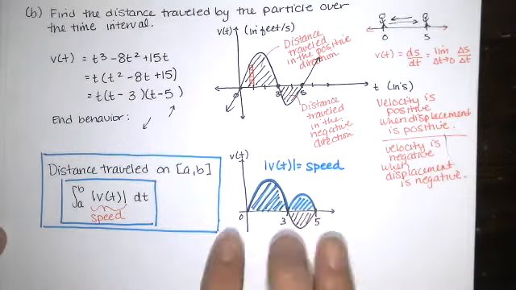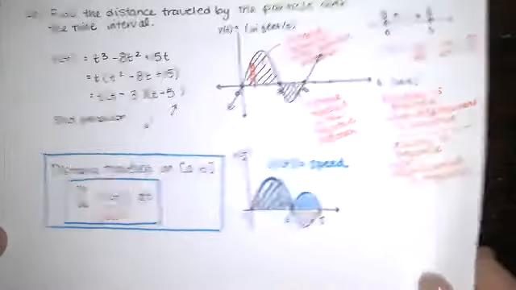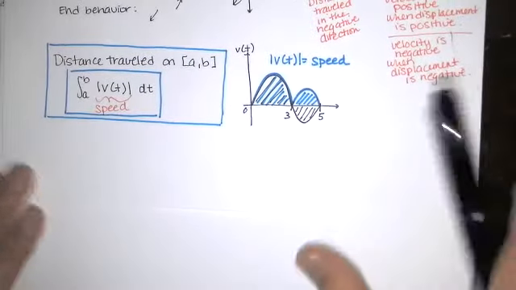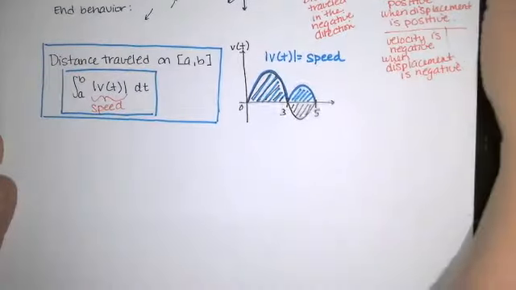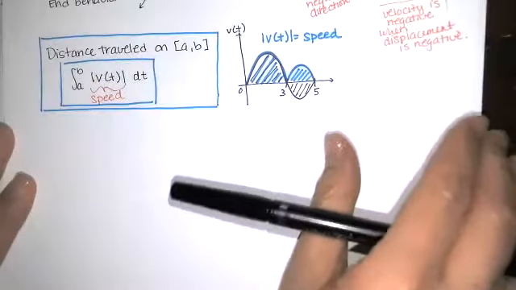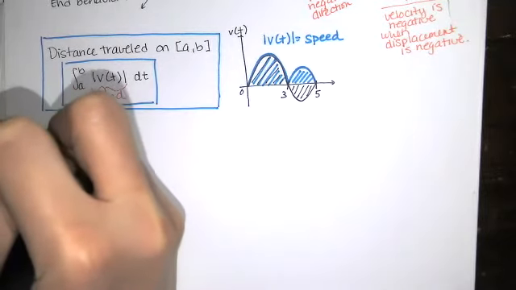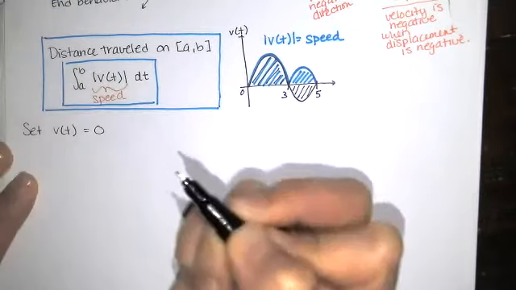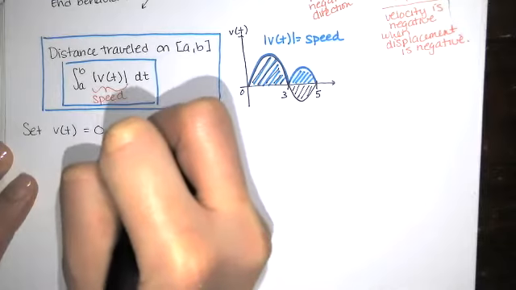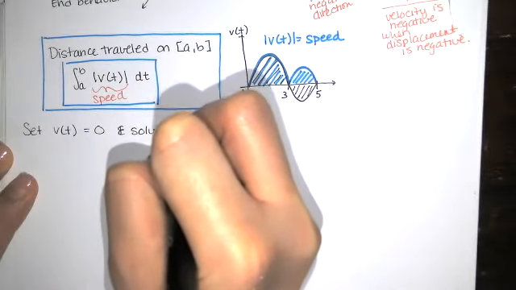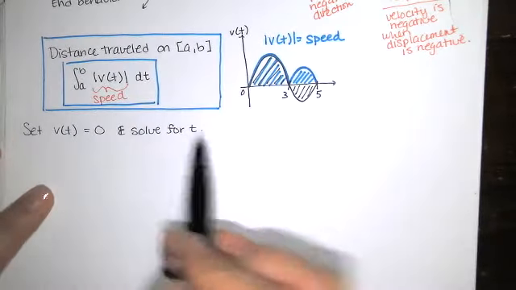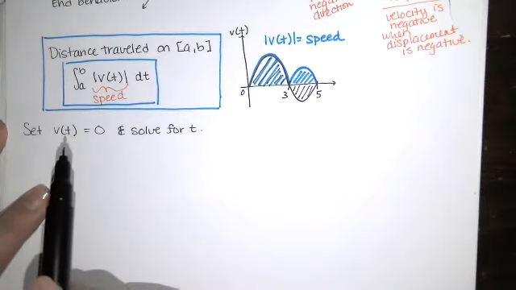So we're evaluating this. Question is, how do you actually evaluate that in practice? This is how you do it. First, you set v of t equal to 0 and solve for t. Identify any t values on the interval from a to b.